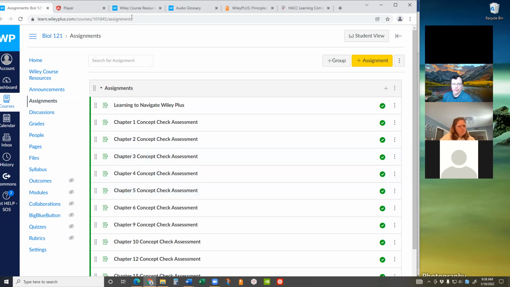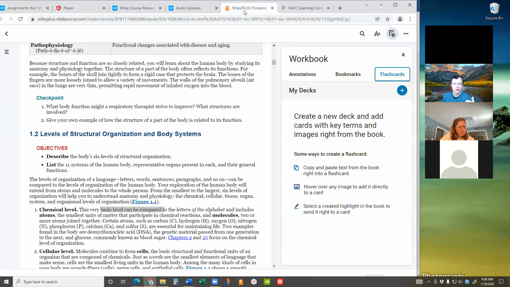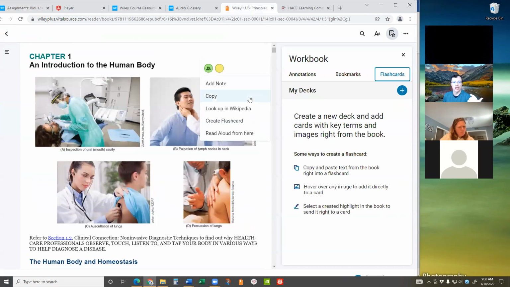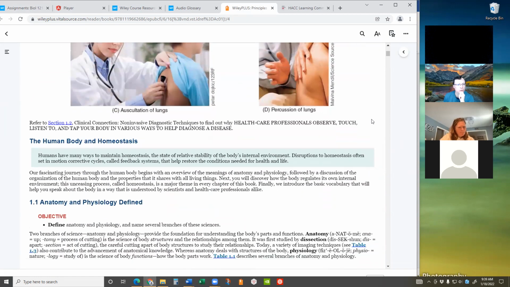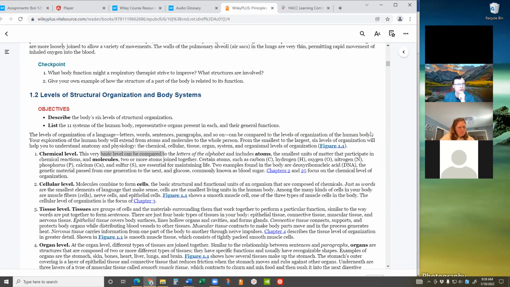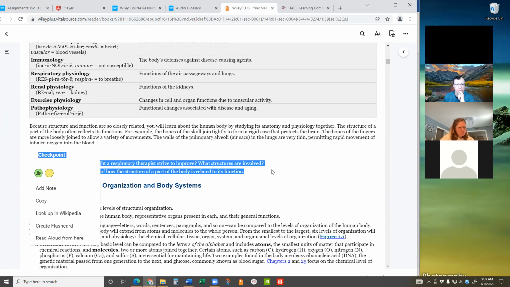Additionally, in the course textbook, which I'm going to show you here, you're going to see a variety of questions. So as you glance at my screen, what I want to point out is that there are checkpoint questions here, right?